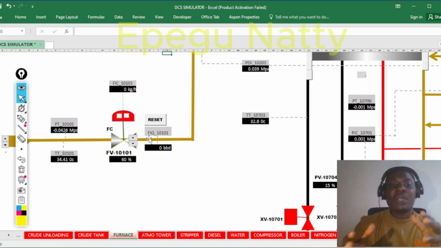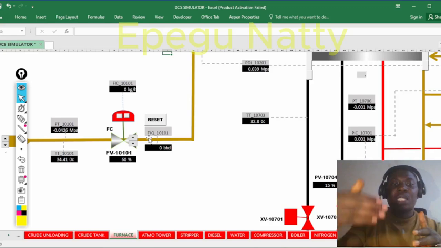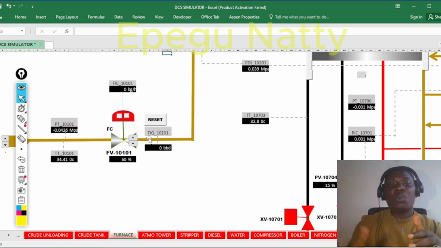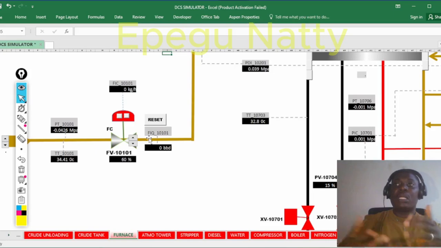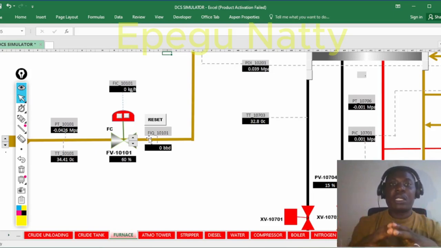So that's the effect of restricting a flow while the pump is still running. If there is an interlock that can trip the pump when the temperature gets to a particular range, let's say 50 degrees, it will be very good for it to trip off the pump.